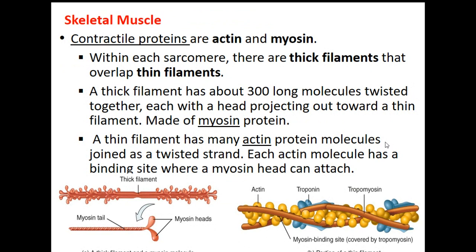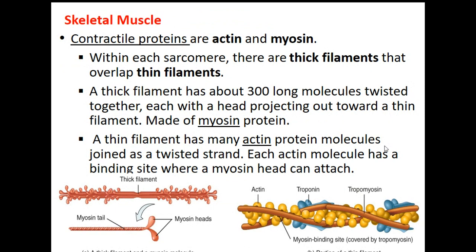When the muscle is not contracting, this tropomyosin protein molecule is covering the binding sites on the actin so that the myosin heads cannot attach. But when the muscle is going to contract, this tropomyosin has to move out of the way to uncover the binding sites on the actin to allow the myosin heads to attach.